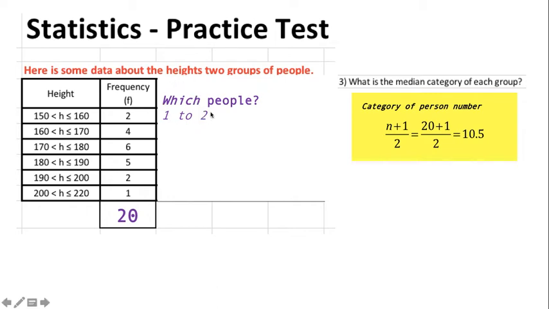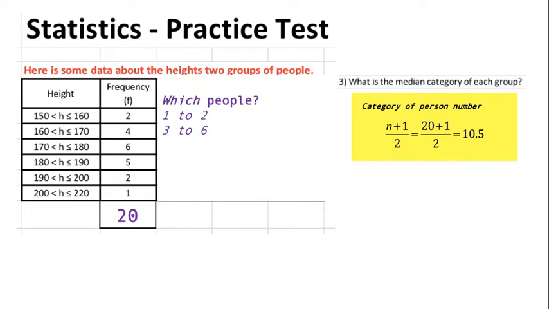Because that group ends with person number 2, the next group has to start with person number 3. And then it's got 4 people in it, so 2 plus 4 means that it ends with person number 6. Now that might look like 3 people to you, from 3 to 6, but if you count them out, 3, 4, 5, 6, that's 4 people.